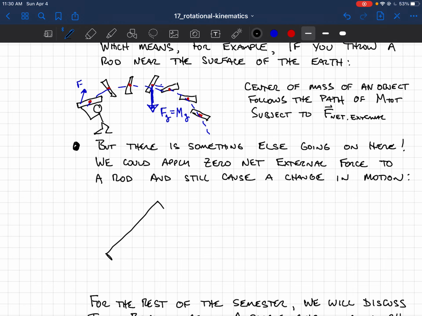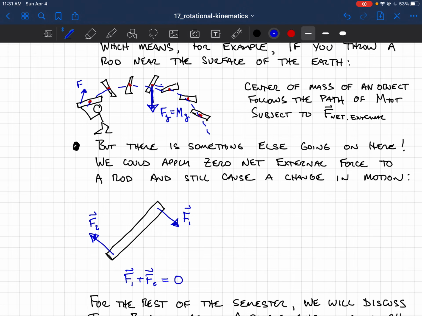So again, let's consider our meter stick. Let's say we're looking down on it on a table, and I pushed it on one side so that there was a force like this. We could call that F1. Well, that would have a net force. But if I pushed it on another side with exactly the same magnitude but opposite direction, F1 plus F2 as vectors would be equal to 0.